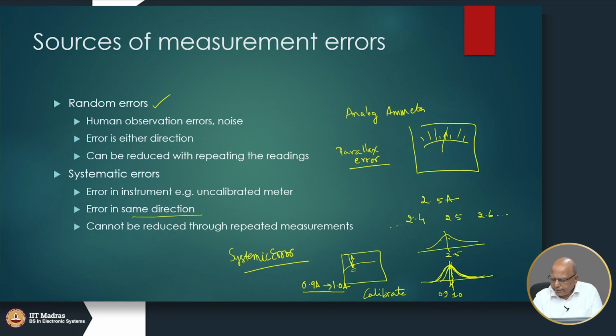Because there is a shift like this, when you take multiple readings, add them and take the average, this shift unfortunately will remain. You can't get rid of it. So, you cannot reduce the error by repeated measurements. I hope that point is clear.